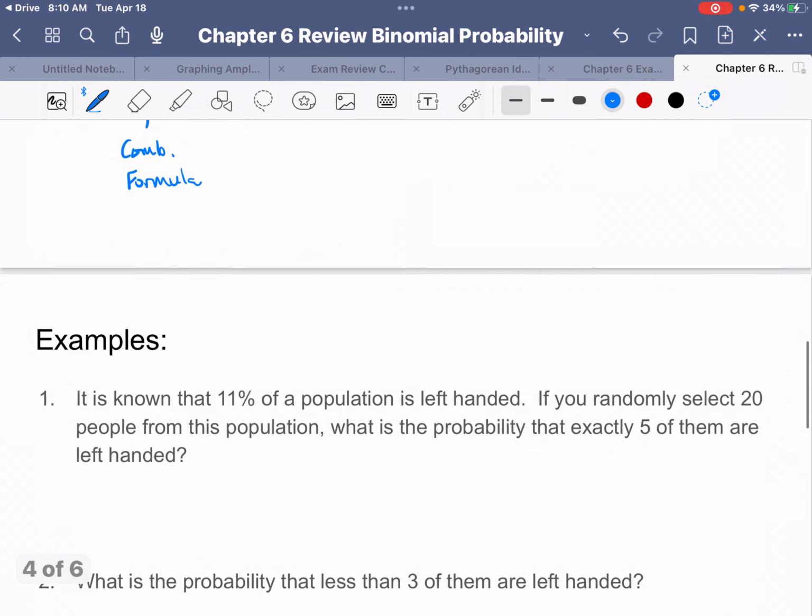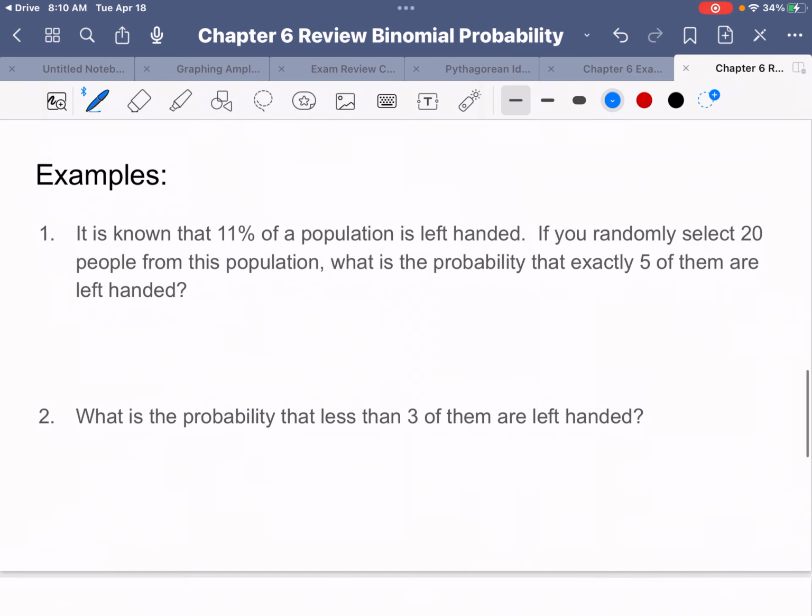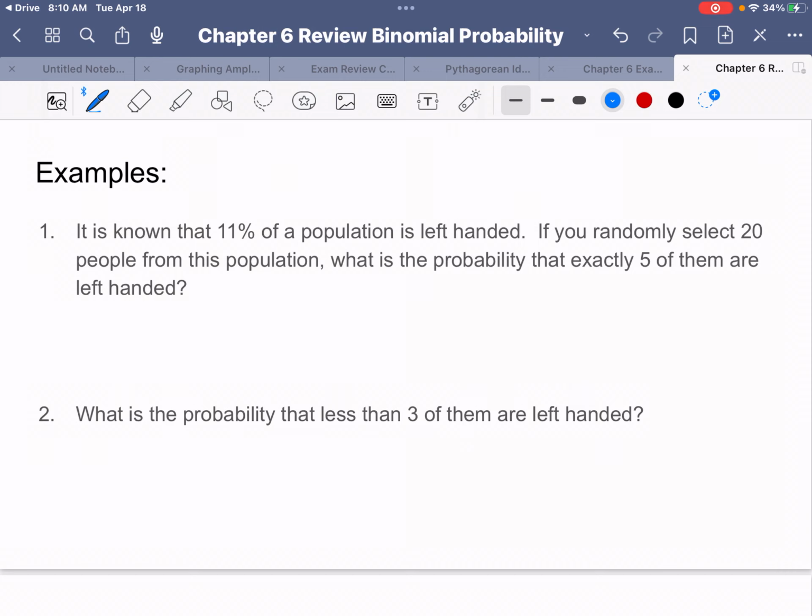So suppose that you're given this example. It is known that 11% of a population is left-handed. If you randomly select 20 people from this population, what is the probability that exactly 5 of them are left-handed? So in this problem, the probability of being left-handed is 0.11, n is 20, and k is 5.